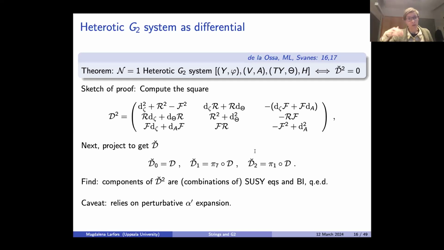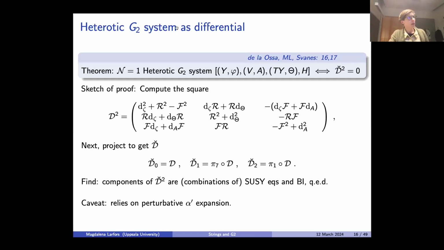And in principle, there are more such corrections that can be included as corrections to the supergravity theory that we're studying. And we are relying on this kind of perturbative view on the theory when we are proving the equivalence between the vanishing of the square of this operator, and the supersymmetry equations and the Bianchi identity.